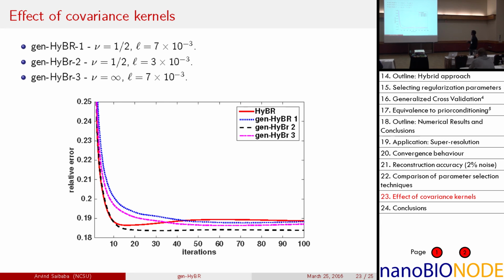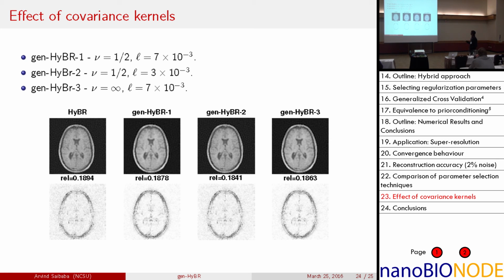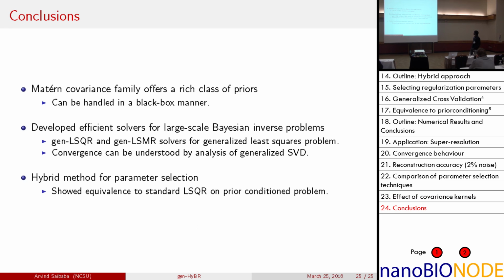What we see is that in practice they perform quite well, and the best result was obtained by the exponential kernel with a relatively short correlation length. If you look at the images, the only thing you can see is that it's slightly less grainy than the hybrid approach with just covariance equals the identity matrix. You can't really tell the difference between these three, but in terms of relative error, this is the lowest.